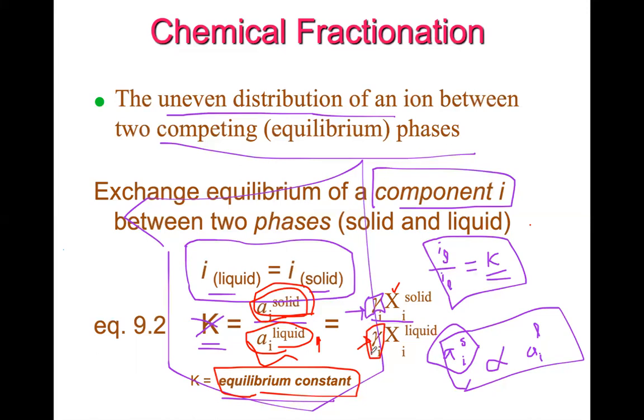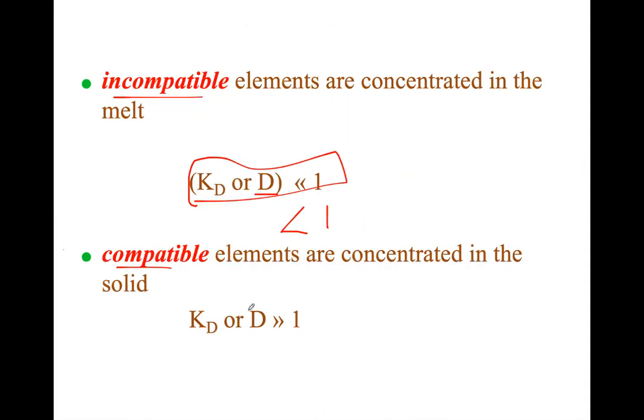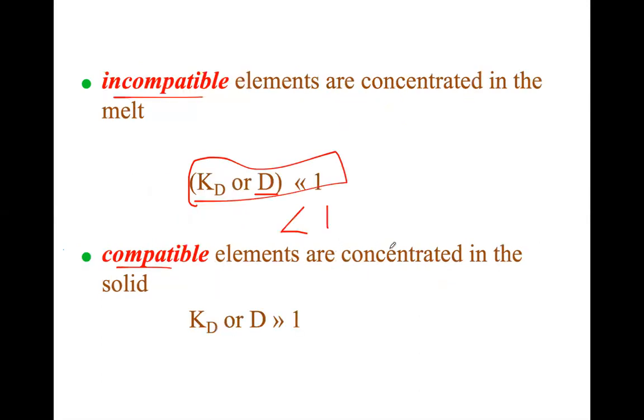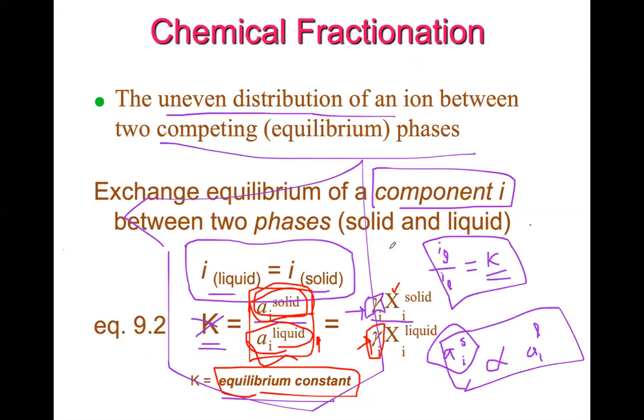But if you can calculate the activity and take the activity ratio here, that is even more precise, right? So that's okay. So the concentration in the solid phase is denoted as Cs divided by Cl. So that tradition doesn't break there. You always have a solid over liquid relationship.